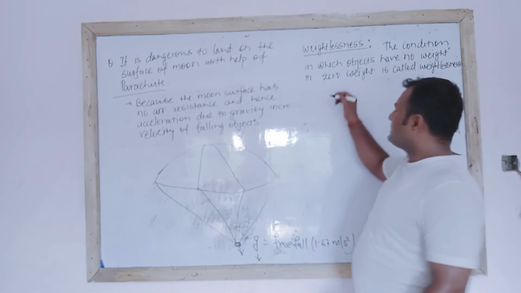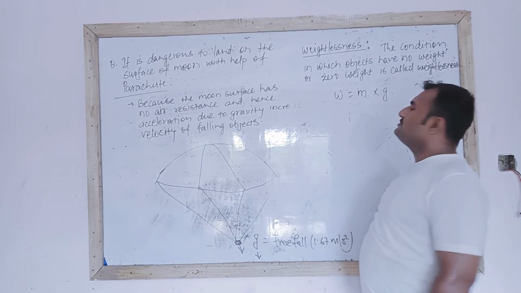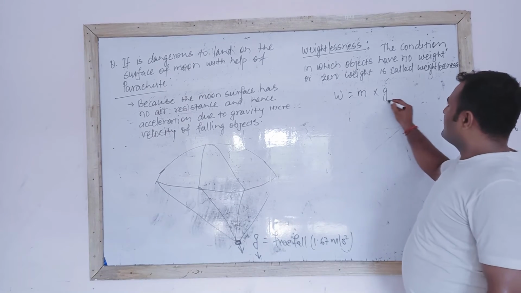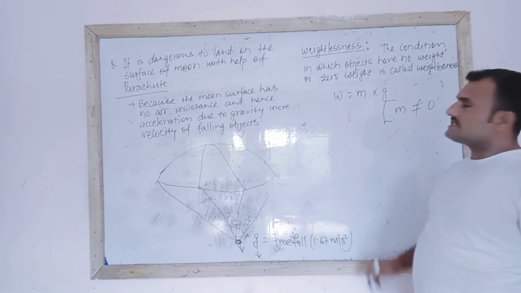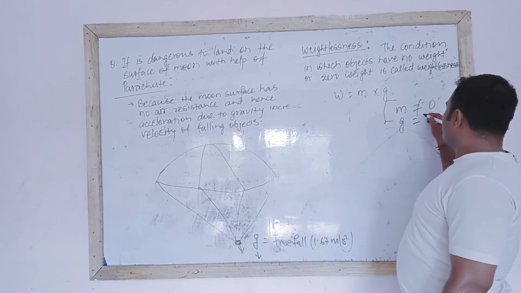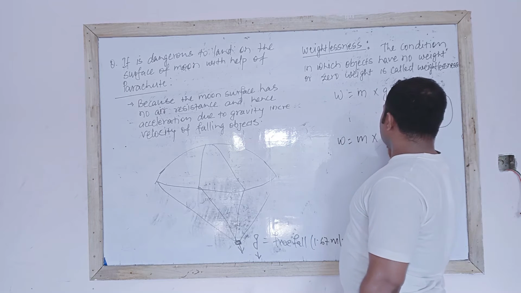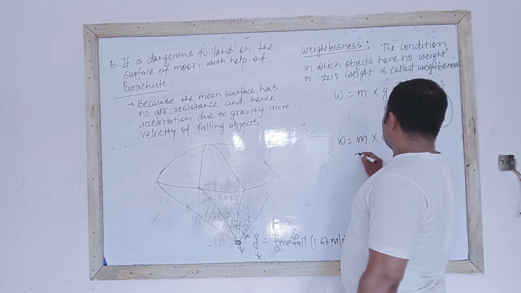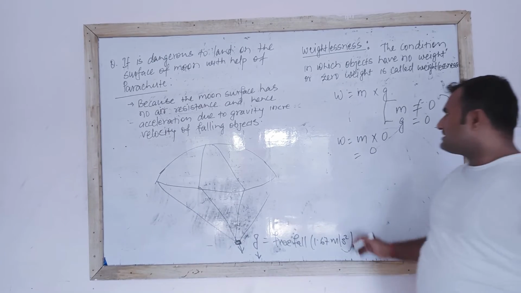And we know that weight of an object depends upon mass and acceleration due to gravity. Here, mass can never be zero, it remains constant. But g may be zero, and therefore W equals m into 0 equals 0. In that condition, it is known as weightlessness.